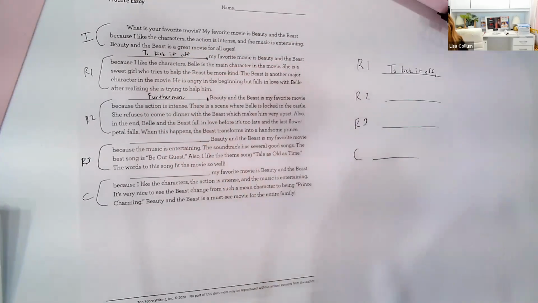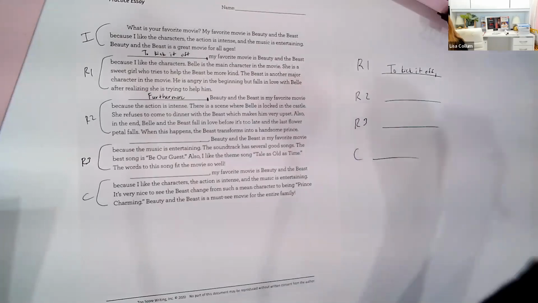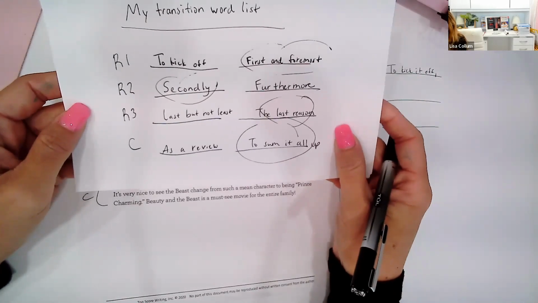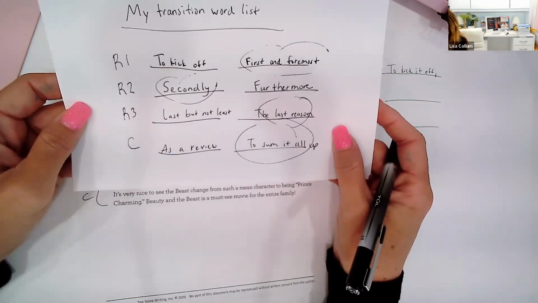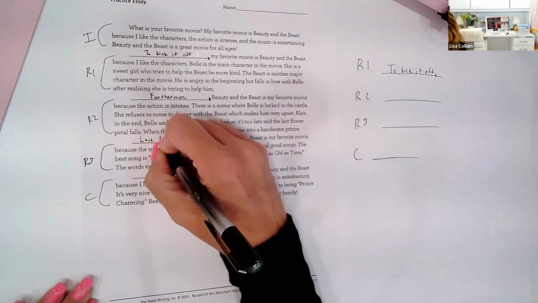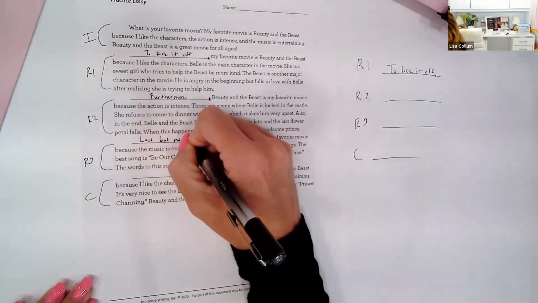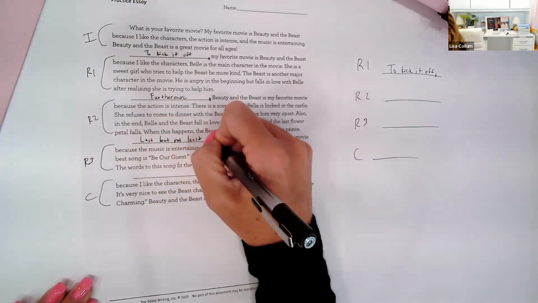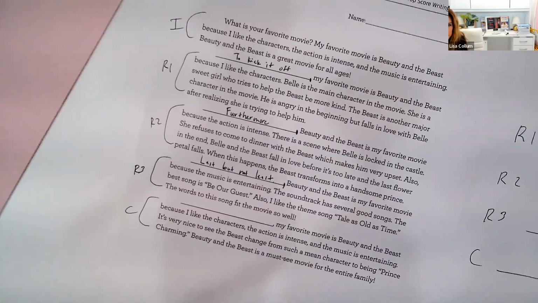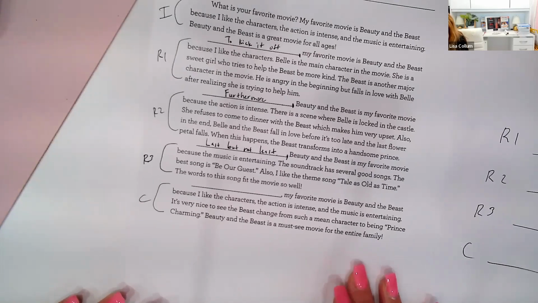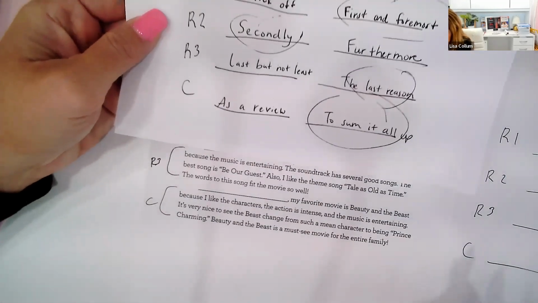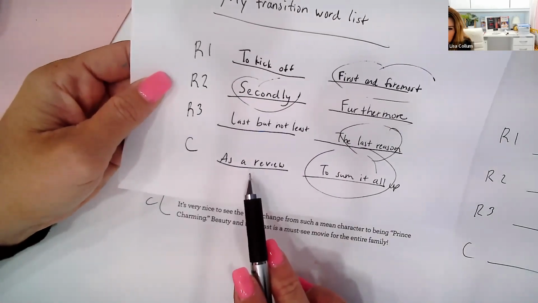So comma there. Remember, you're writing yours on the piece of paper. For R3, this time I'm going to pick last but not least. And for my conclusion, this time I'm going to pick as a review.